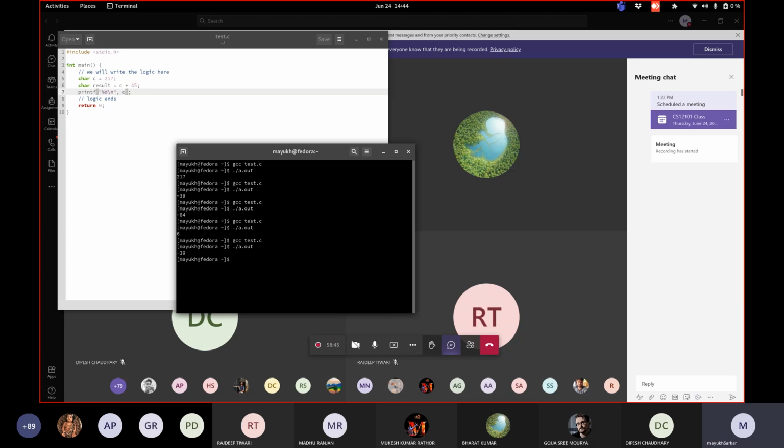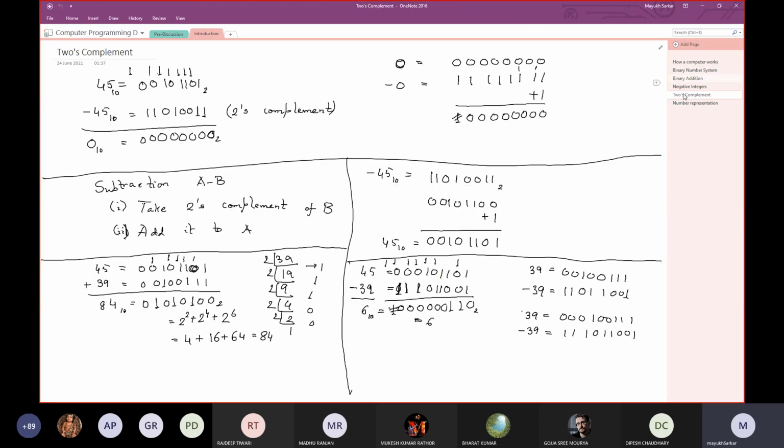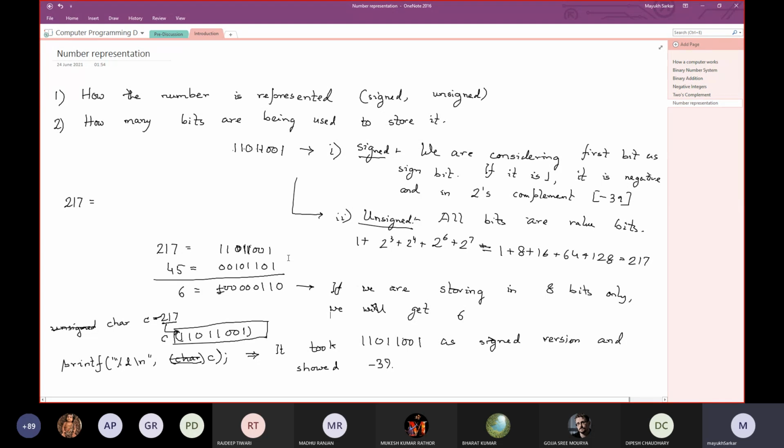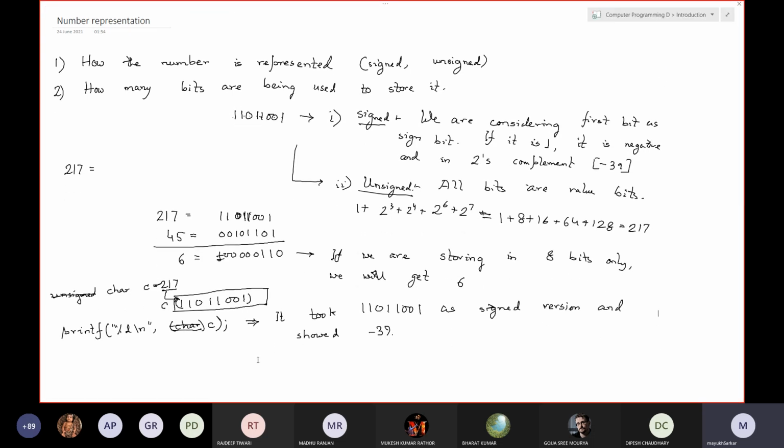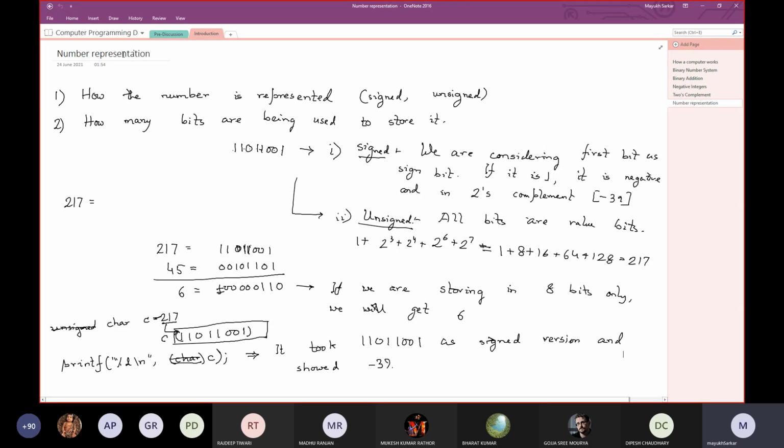The reason behind this is, when I am writing char C equals 217, right, in the memory of C it's really storing 11011001.